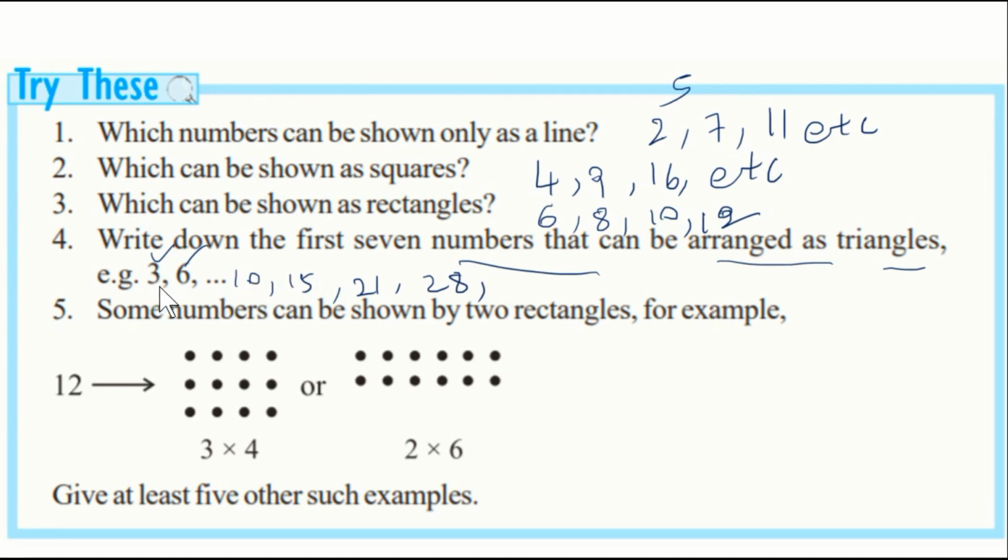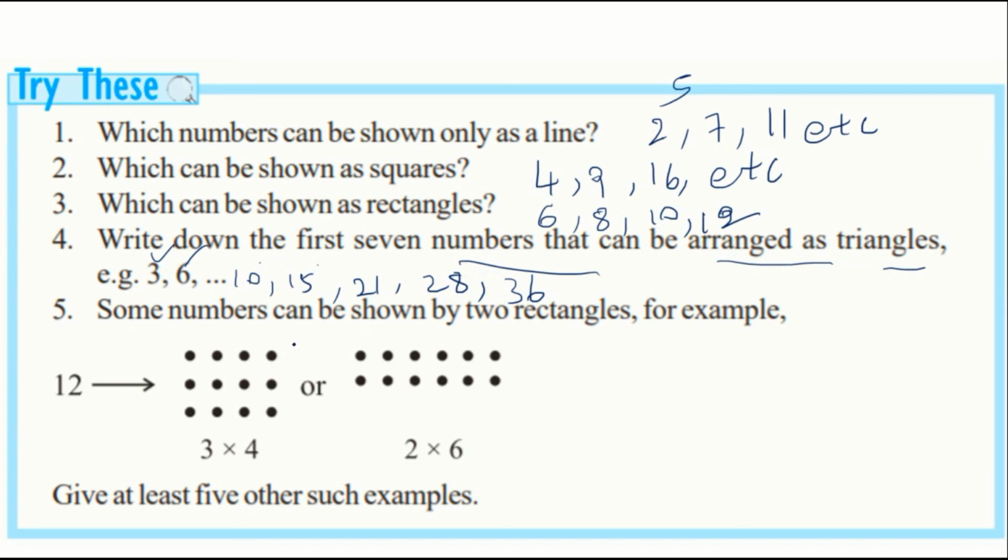The first triangular number is 3, 3 plus 3, 6, 6 plus 4, 10, 10 plus 5, 15, 15 plus 6, 21, 21 plus 7, 28, 28 plus 8, 36. I hope I have given you the first 7 triangular numbers.